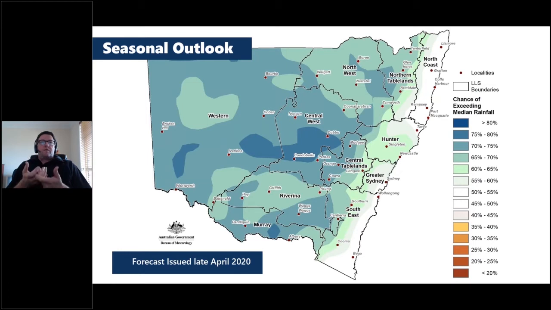If you take all of your rainfalls for the next 3 months that have happened in history, the median's the middle point. 50% of your observations have been wetter, 50% of your observations have been drier. So what these forecasts do is give the probability of the rainfall total over the next 3 months being above the median.